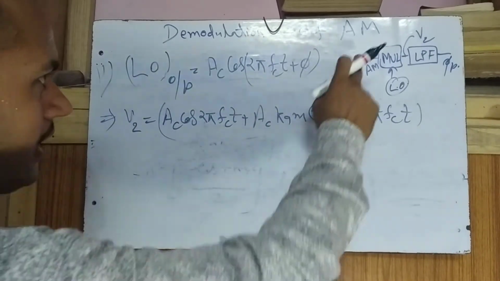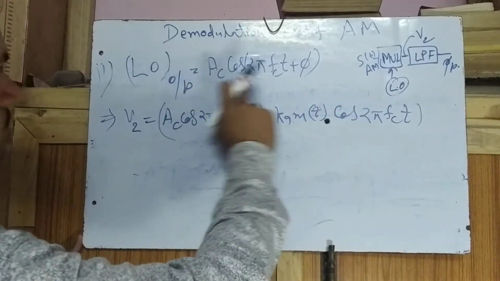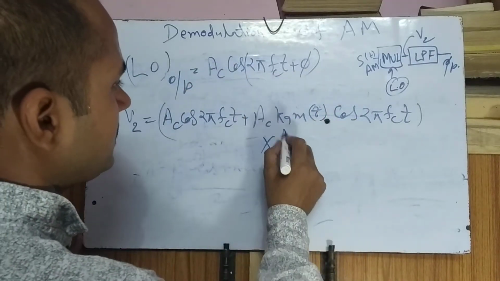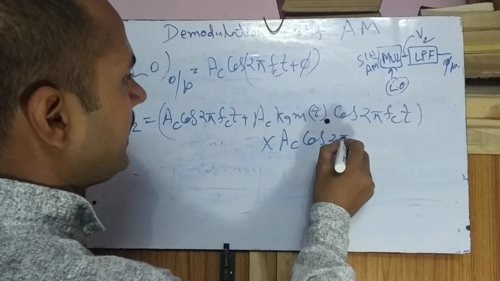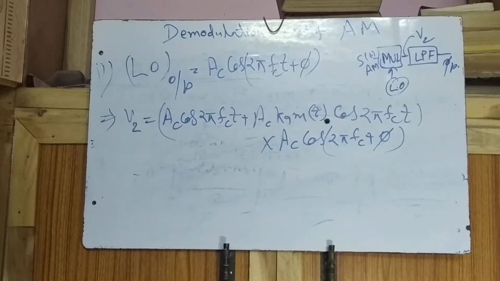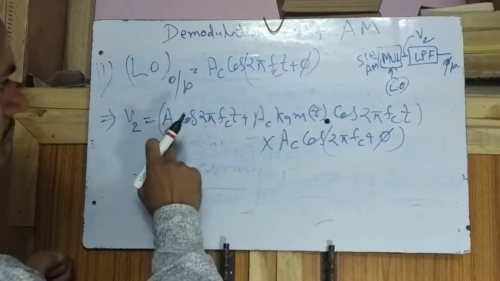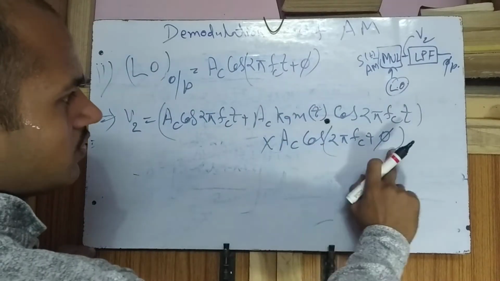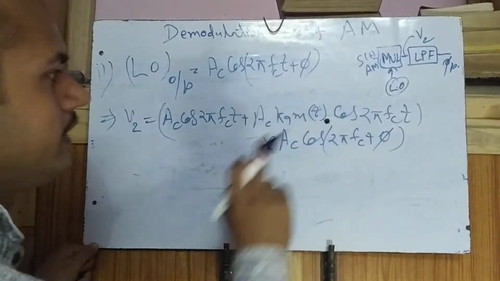This is s_AM(t), and this is multiplied by Ac cos(2πfct plus phi). So when we multiply both, Ac cos 2πfct into Ac cos(2πfct plus phi), it is cos A into cos B.